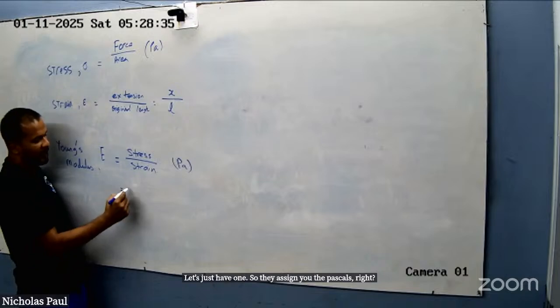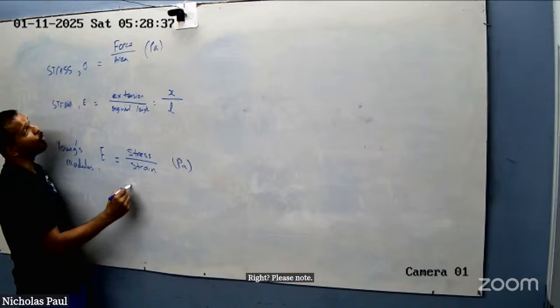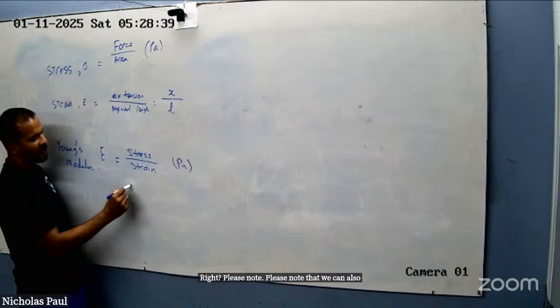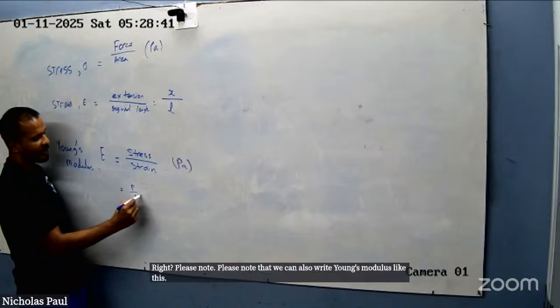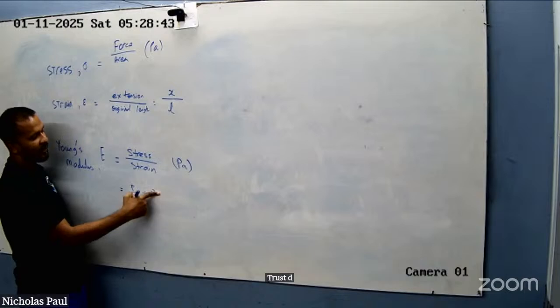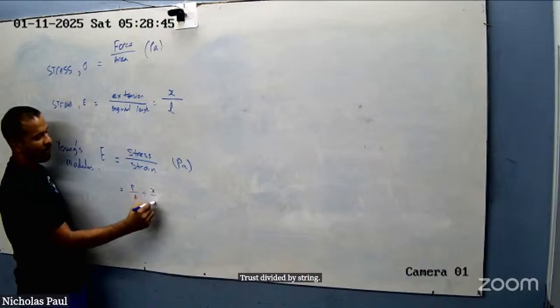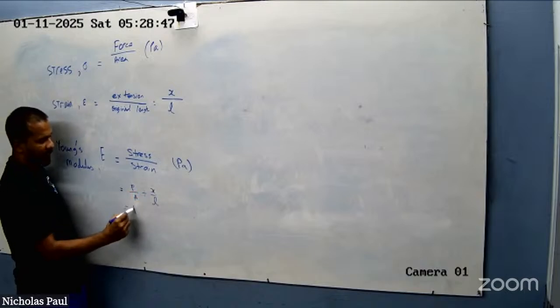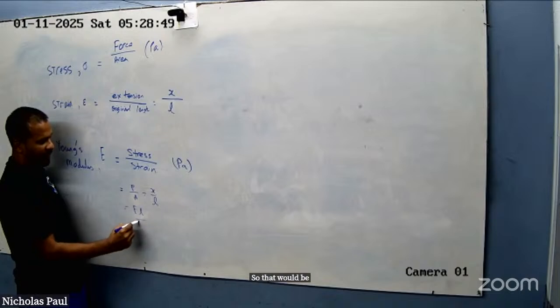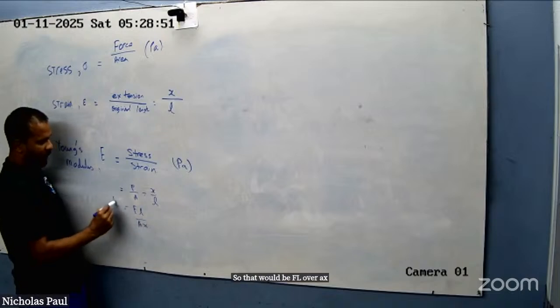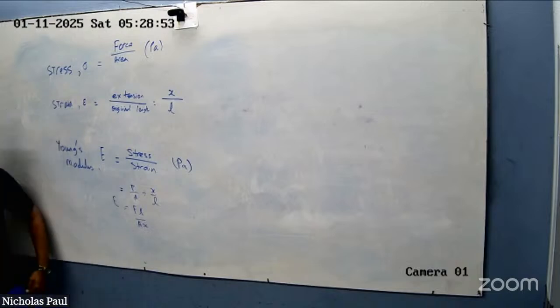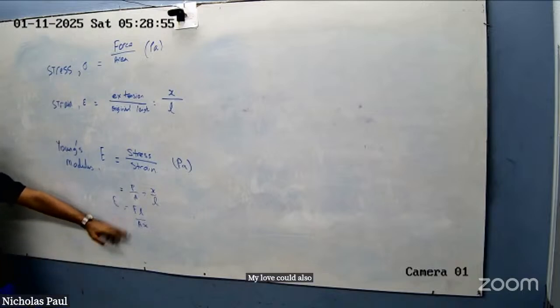Please note that we can also write Young's modulus as stress divided by strain, so that'll be FL over AX. Young's modulus could also be written like this: FL over AX.